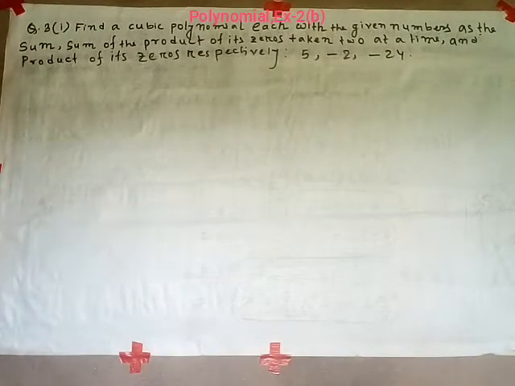Since the maximum power of x is 3, we are getting 3 values of x. These 3 values of x are the 3 zeros of the cubic polynomial.